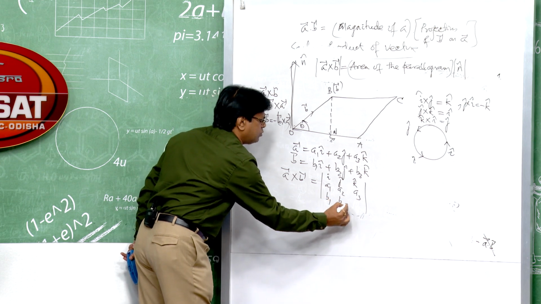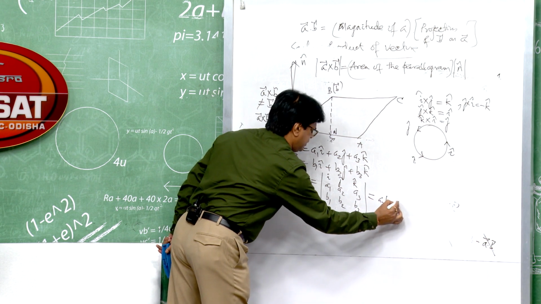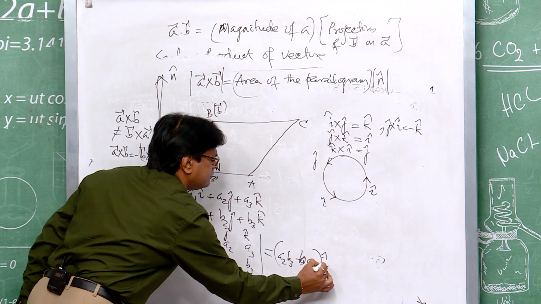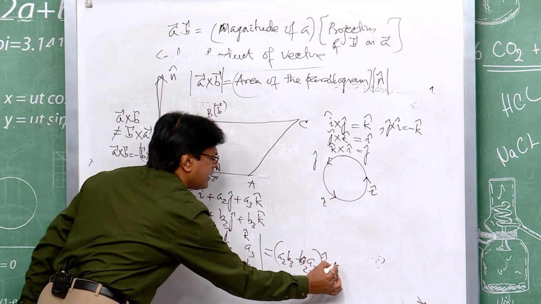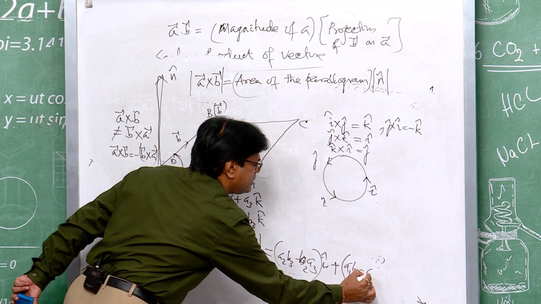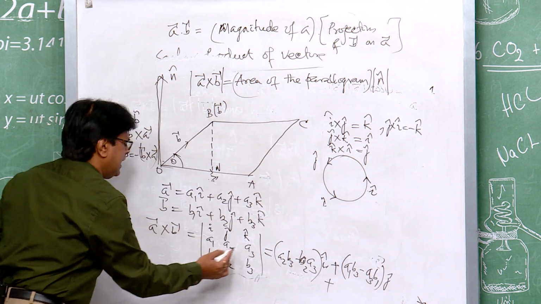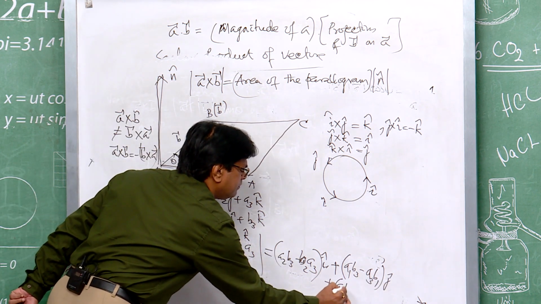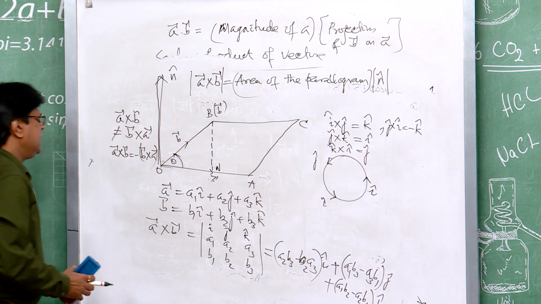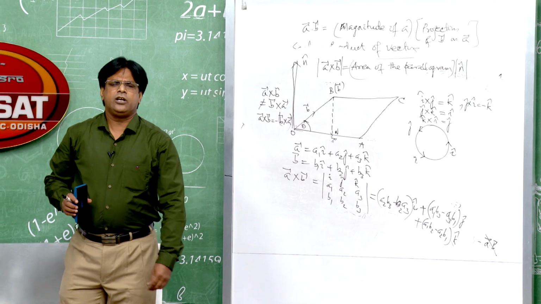Similarly, B1, B2, B3. So from this we have (A2 B3 minus B2 A3) i cap plus (A1 B3 minus A3 B1) j cap. Similarly, (A1 B2 minus A2 B1) k cap. So you can easily find out the determinant of this vector A cross B.